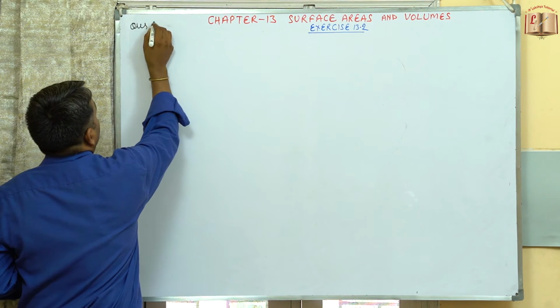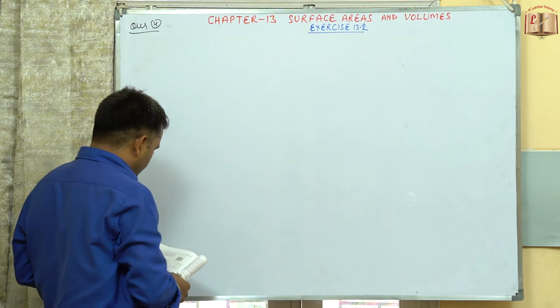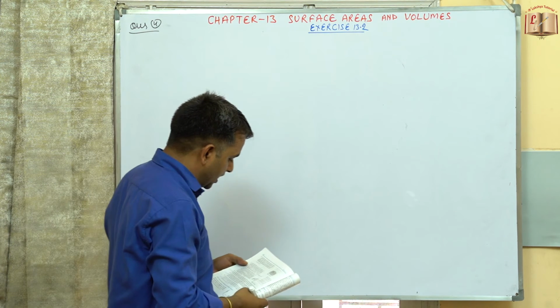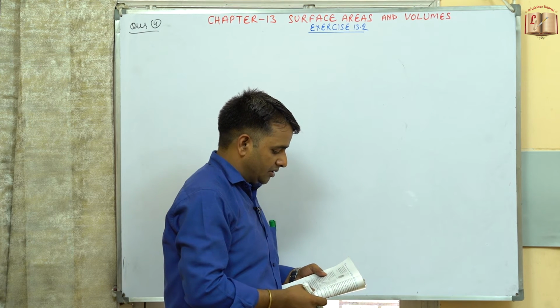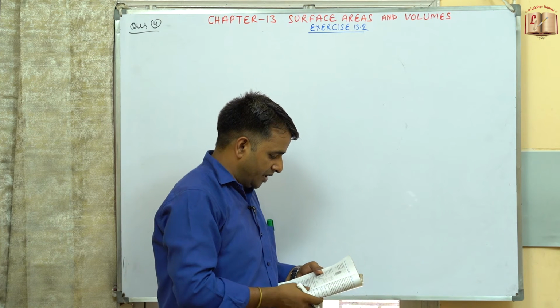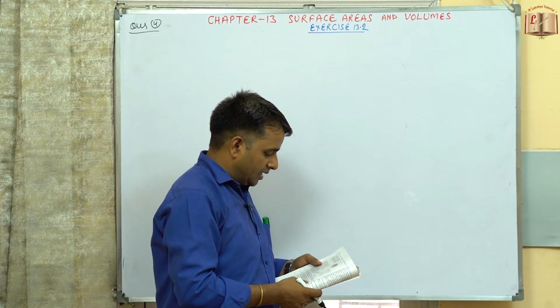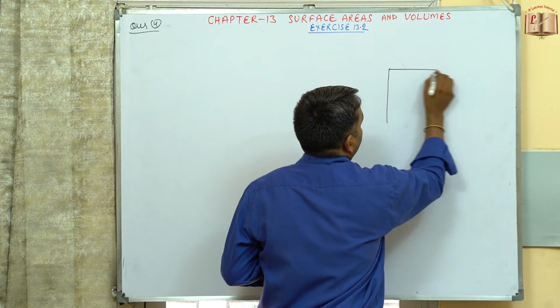So coming to question number 4. A pen stand made up of wood is in the shape of a cuboid with 4 conical depressions to hold the pens. The dimensions of the cuboid are already given to us.